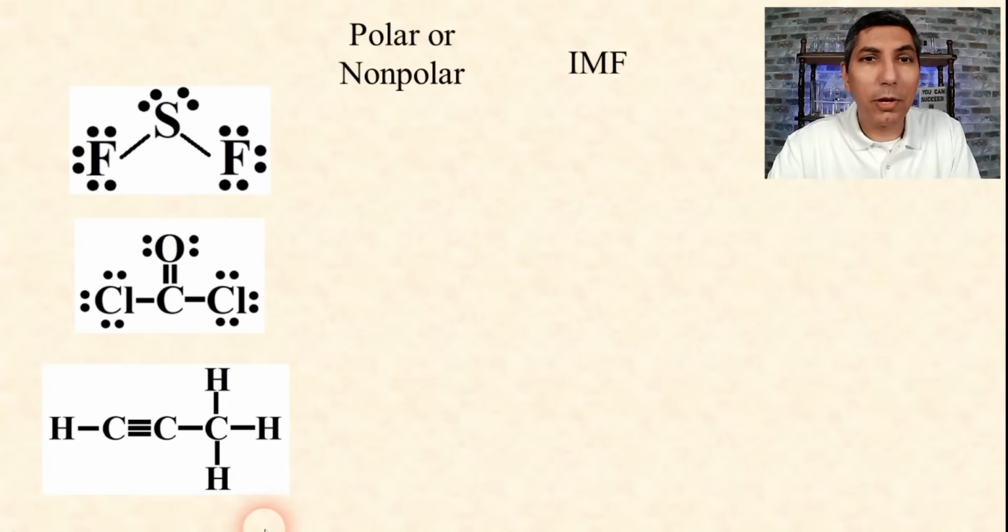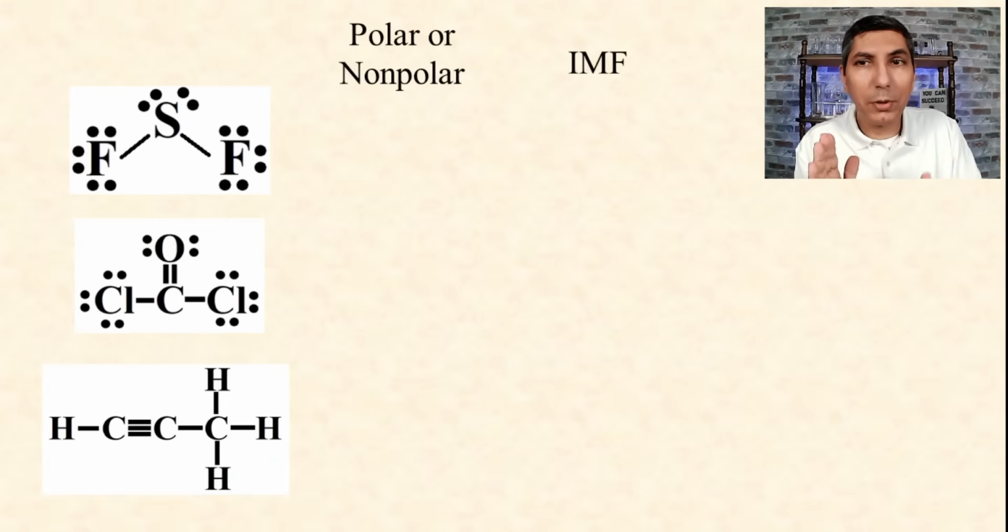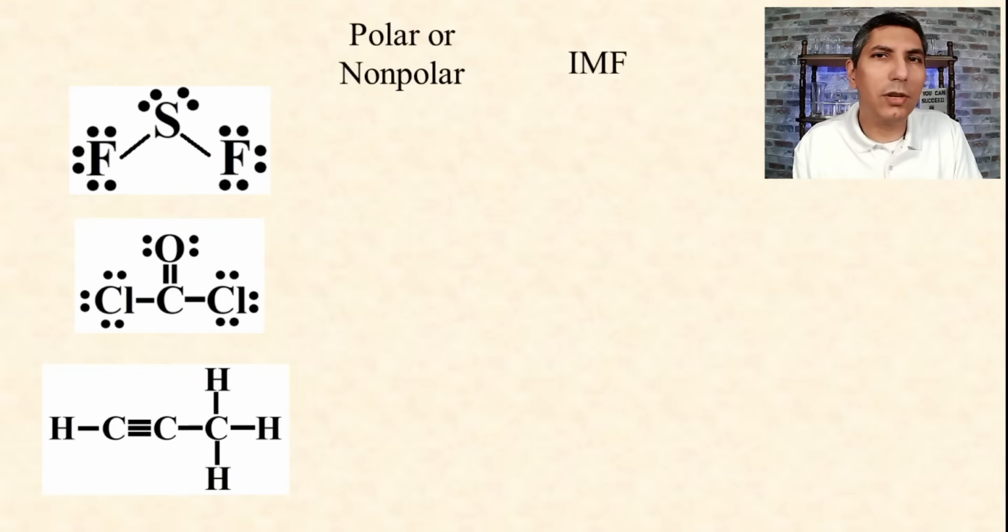Now, another property that we can talk about in terms of these molecules is: is it polar or is it nonpolar? Now, if a molecule is a polar molecule, that means that it has a lopsided electron distribution. It's almost like it has an unbalanced region of negative charge on the molecule. It doesn't really have anything to do with is the molecule symmetrical or not.